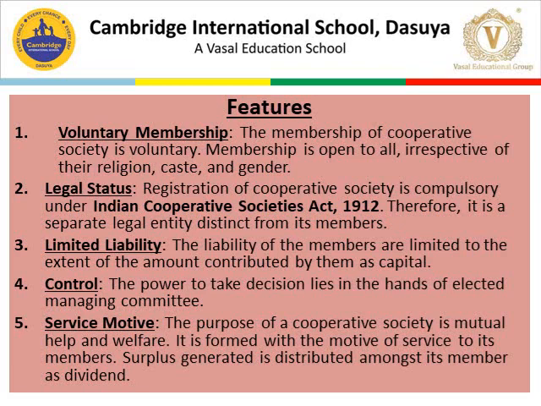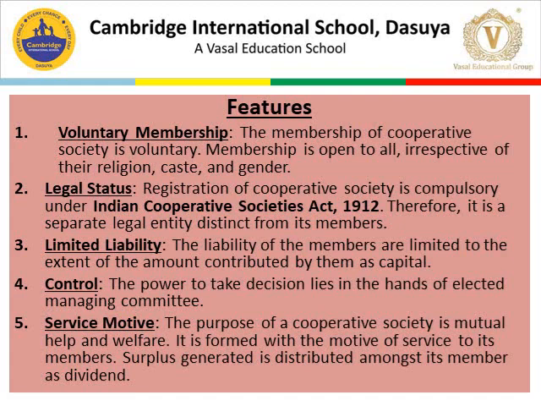Now, we can say that the cooperative society is an artificial person, as the society gets a legal status or legal entity, so it becomes a different person in the eyes of law. So after getting the legal status, the cooperative society becomes a legal person or a distinct entity from its members.